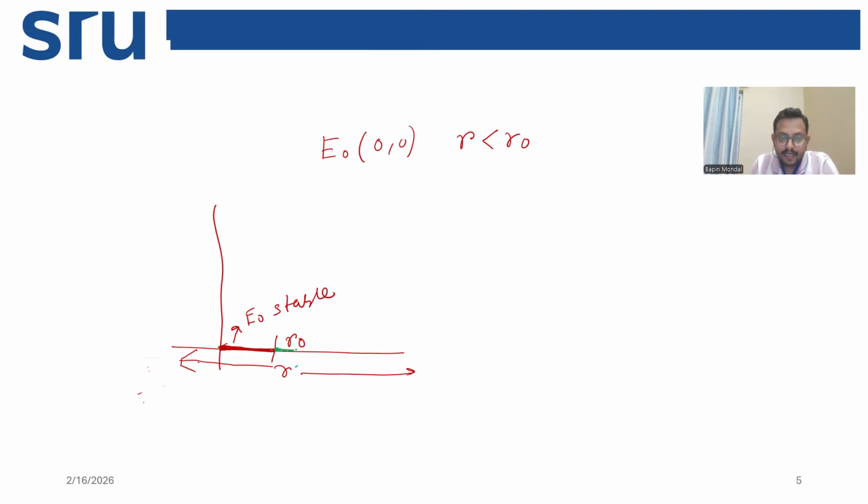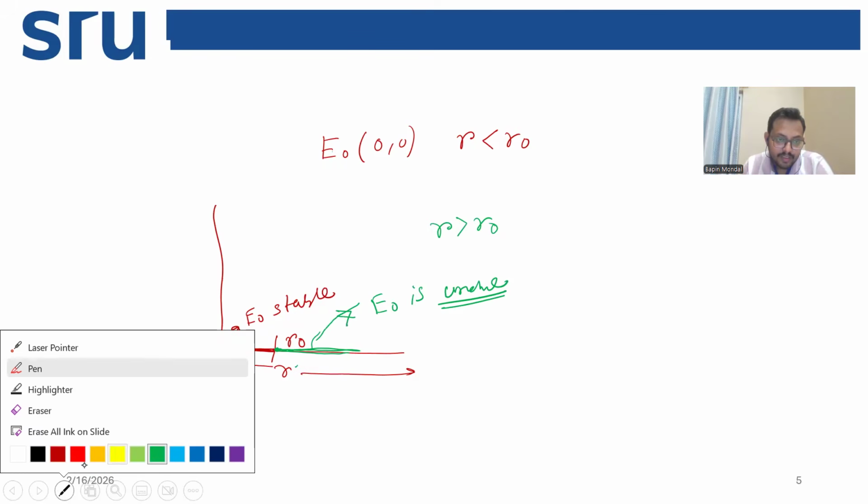When we increase R, when R is greater than R0, E0 is unstable. When E0 becomes unstable, you also observe that another equilibrium point comes into existence. So we plot this one.